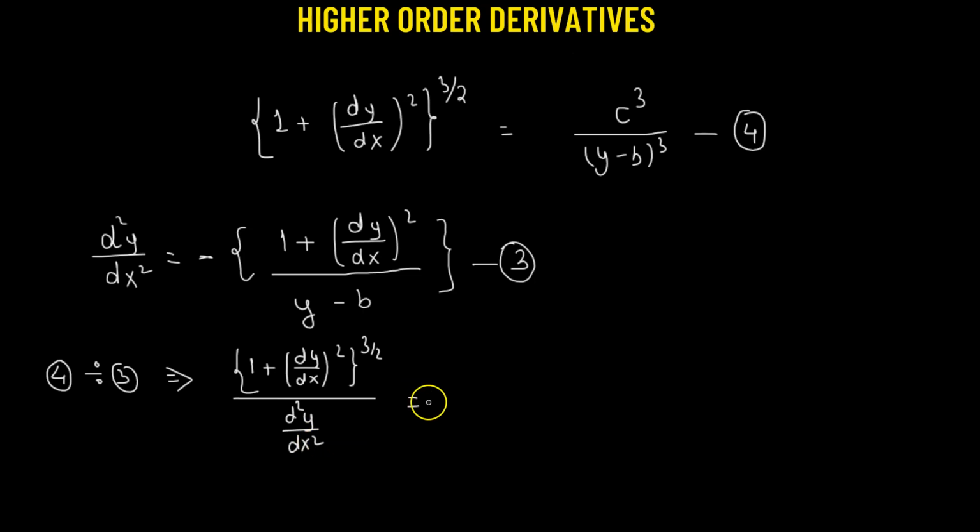That will be equal to equation number 4, c cubed divided by (y − b) cubed, divided by number 3. That means we have (y − b) divided by 1 plus (dy/dx) squared.